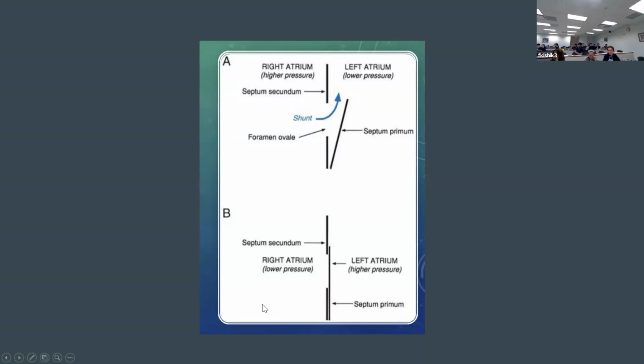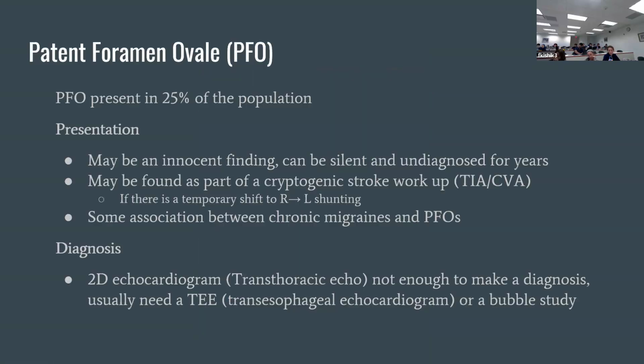So commonly, you may not even detect this on echo if it's a flap, because it may be shut and then it opens at certain times. So again, 20 to 25% of the population has this. This may be an innocent finding on just a routine echo. It can be silent and undiagnosed for years.